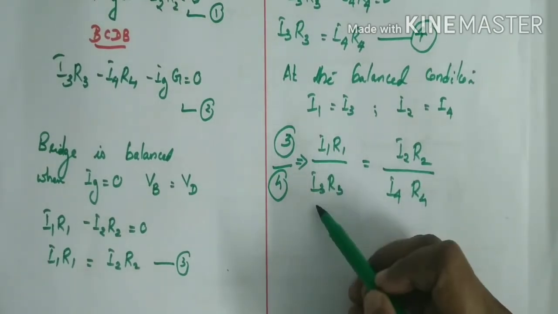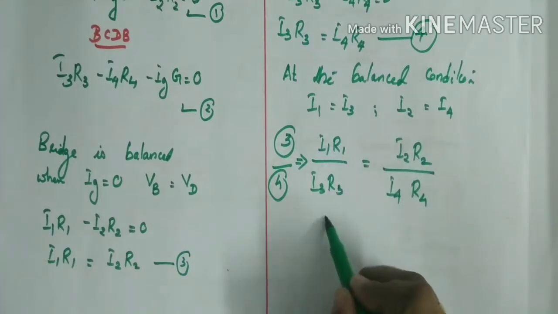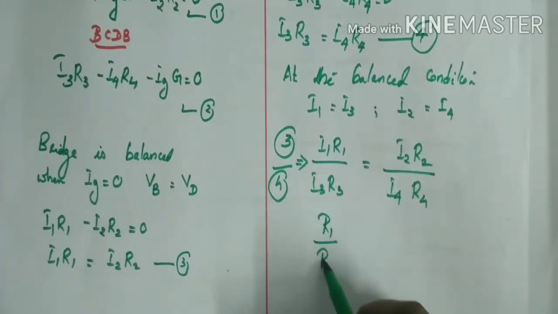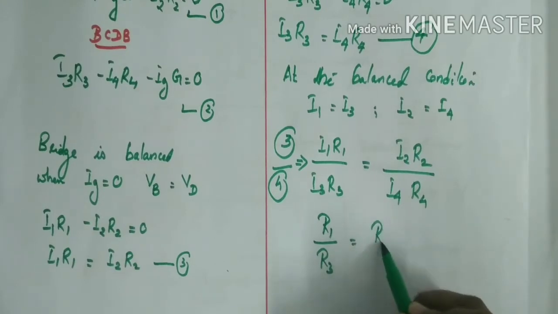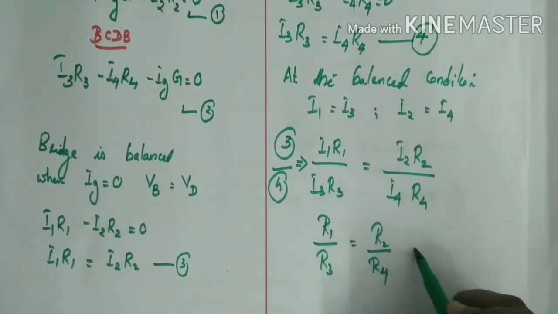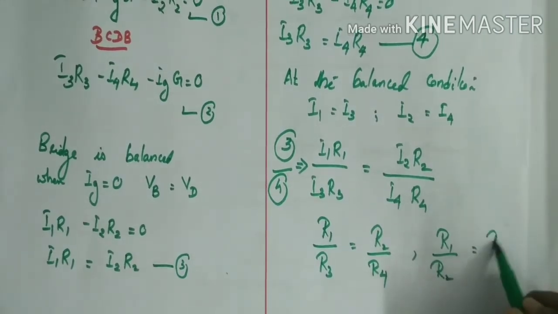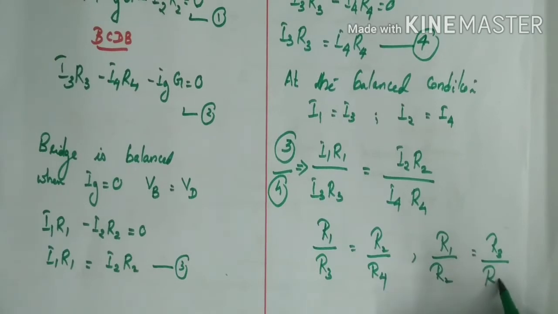Now, I1 and I3 are equal, no? Similarly, I2 and I4 are equal. We can cancel and write R1 by R3 is equal to R2 divided by R4. Or we can rearrange it and write R1 by R2 is equal to R3 divided by R4.